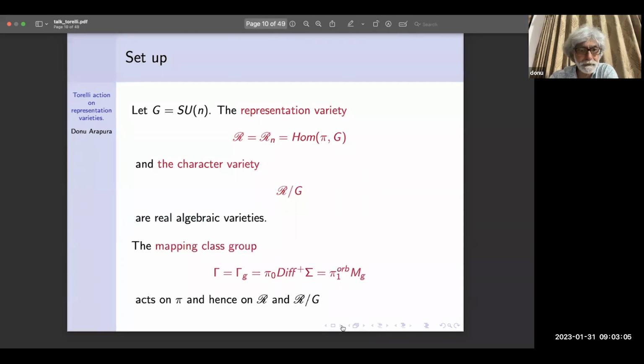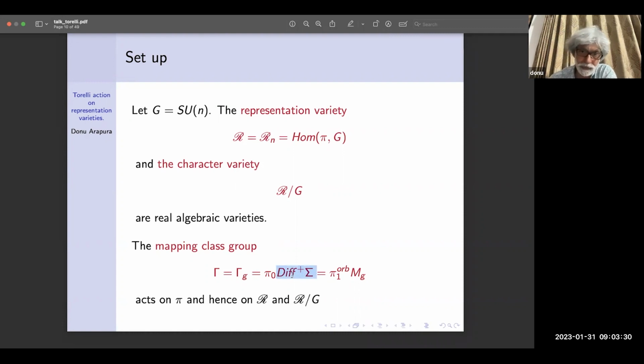All right, so the mapping class group. I'll just write it as gamma, or again gamma G, and there's a couple of different incarnations depending on your taste. You can take sigma as a C infinity surface, so it's orientation preserving diffeomorphisms.